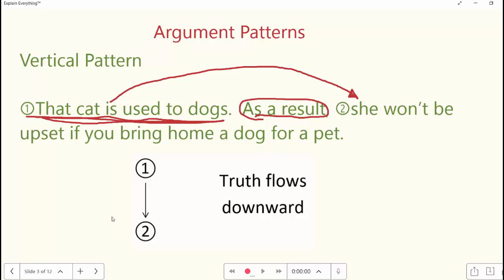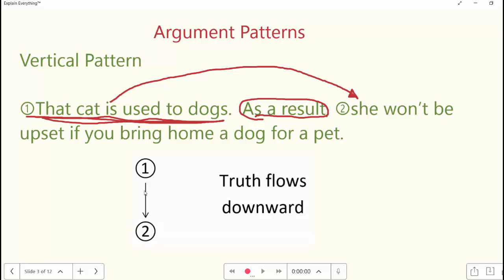And the way that we diagram that, with this vertical diagram, we take the premise, the statement from which the inference is supposed to follow, and we put that at the top. So that starts up above, and then the inference comes below.